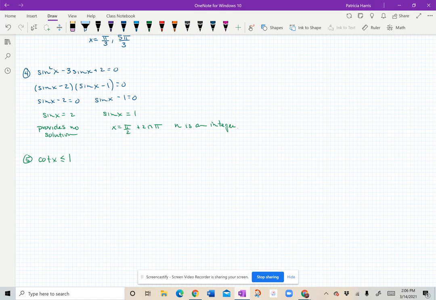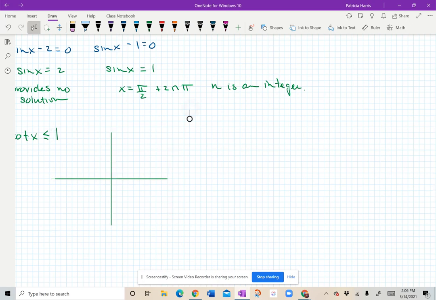If you don't know what the graph of cotangent looks like, feel free to hop over to Desmos and graph it there. Cotangent has asymptotes at 0 and pi, and then again at 2 pi.